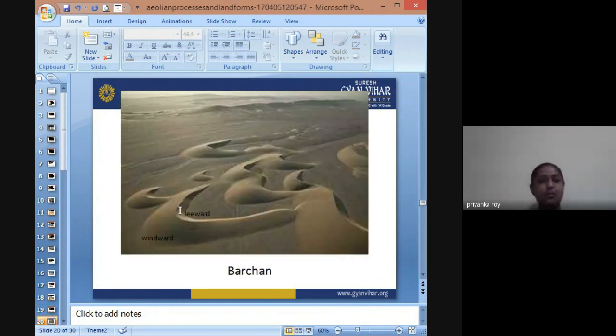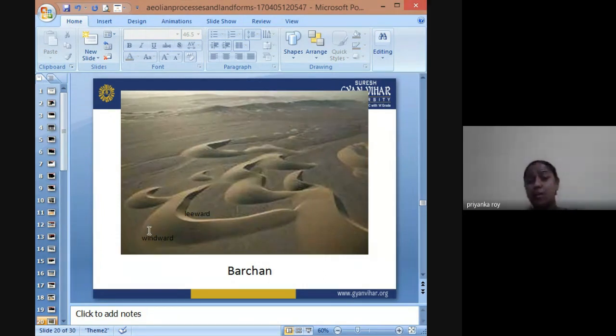Now, see, this is a clearer picture of Barkhan. Barkhan is more commonly seen in large stretches of desert areas, specifically in the Arabian desert, or you can go to the Sahara desert, where you will come across these Barkhans.